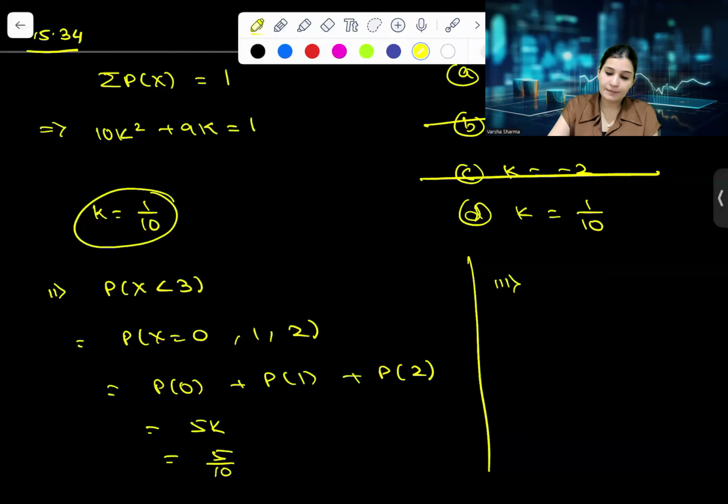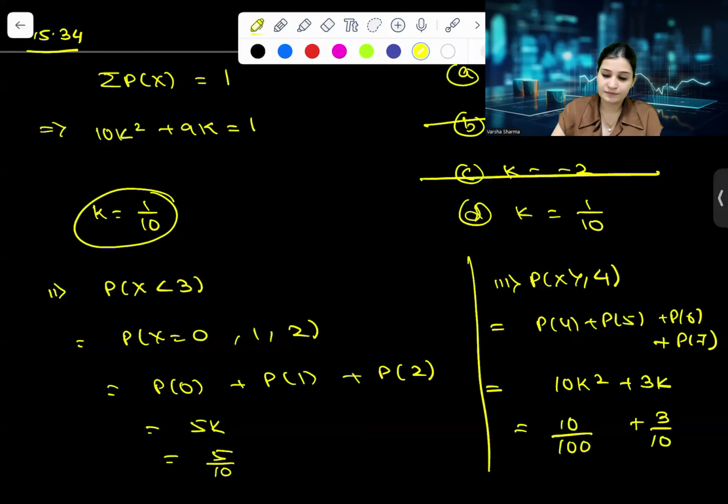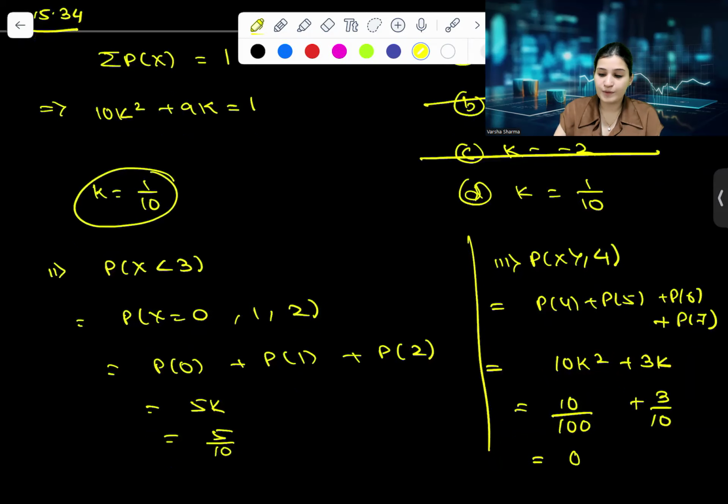Third, probability of x more than or equal to 4. We can take 4, 5, 6 and 7. Add all of them up: 10k square plus 3k. Put k as 1 by 10, so 10 by 100 plus 3 by 10, so 0.4.